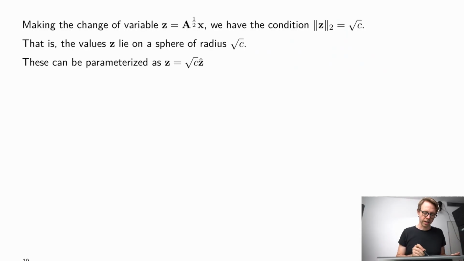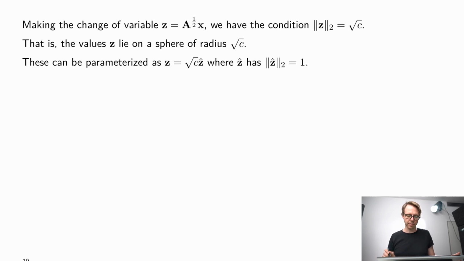So because we're talking here about the norm of a vector z that has to be equal to the square root of c, we are actually defining this level set as a sphere with radius square root of c. We can again reparameterize that using some c hat times the square root of c, where c hat is a vector that has unit norm.